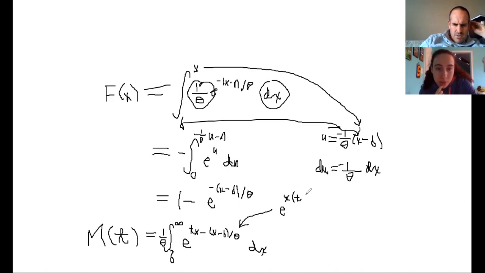You have to distribute through the negative, so it's just going to be t minus 1 over theta, isn't it? Close parentheses, but then there's more, right? What else is in the power?